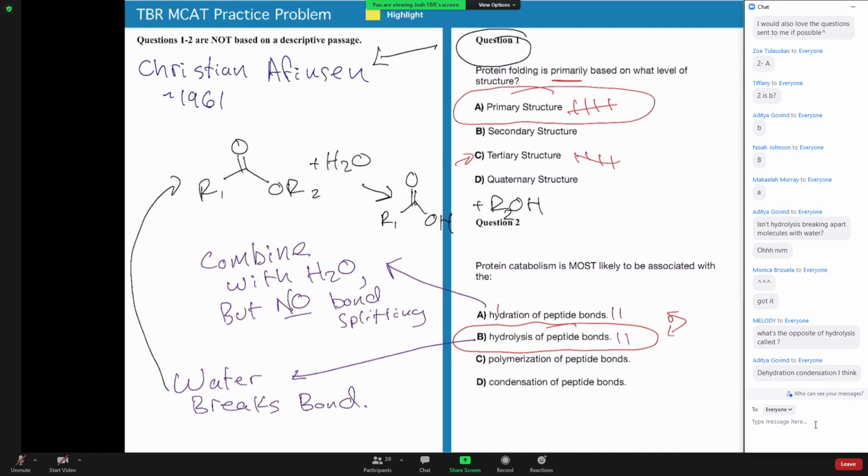Cool. Okay, and someone asked another good question. Can you explain what you mean by protein catabolism? Okay, we're going to cover this when we talk about metabolic pathways. But just to give you a clue, when you talk about catabolism, you're talking about breaking down something, right?